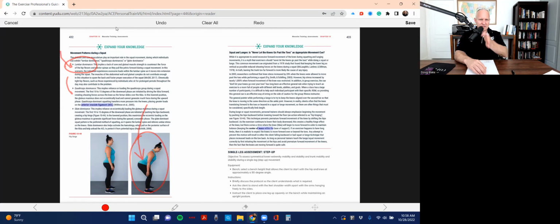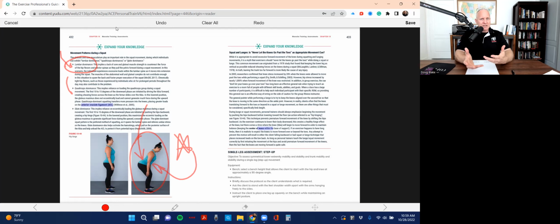It's always either maintaining a normal lordotic curve, a normal curve in the lower back with the erector spinae tightened and abdominals tightened, or if you're going to do abdominal training, you're going to actually reduce the lordotic curve to allow the abdominals to flex the spinal column. Point is that what you're seeing here in this picture is a normal lordotic curve, and that's going to be worked with that hip hinge. So whenever the hip hinge is initiated, the normal curve in the lower back should be maintained.